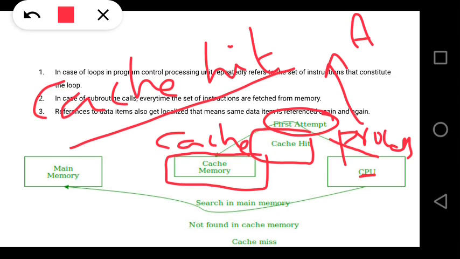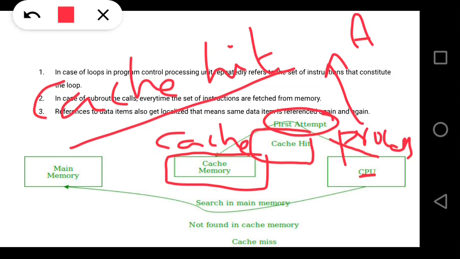So the locality of reference, this is called cache hit. Cache hit means the processor first will verify whether the particular address is available in the cache itself. If it is available, it is called cache hit.